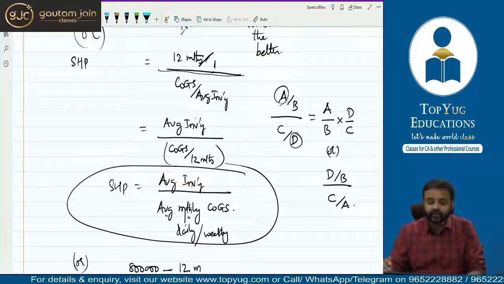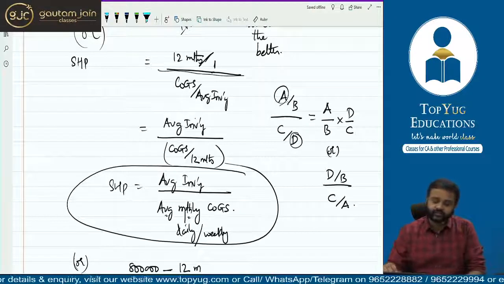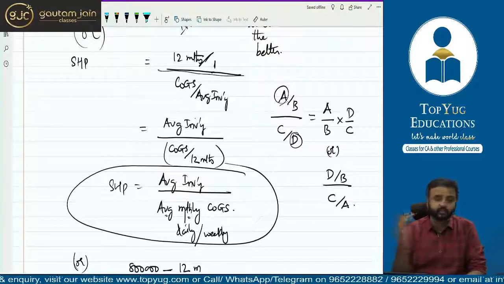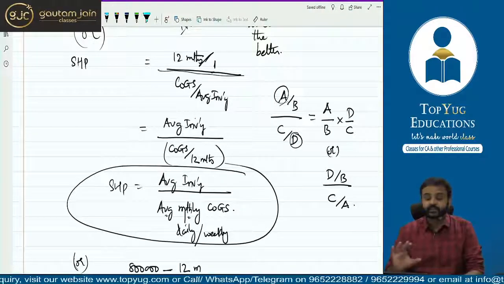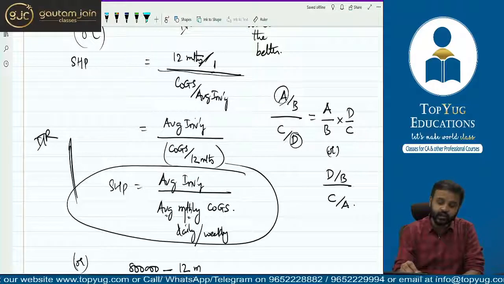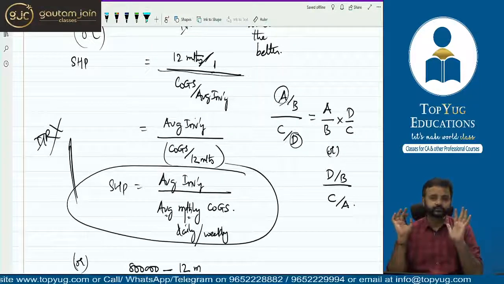So this is how we arrived at average inventory by average monthly cost of goods sold, which can be changed to even daily or weekly depending upon whether you are taking 12, 365 or 52. Correct? This was directly. Now if you want to use this, then there is no need to calculate ITR. ITR not required. Without ITR you can directly go into this.